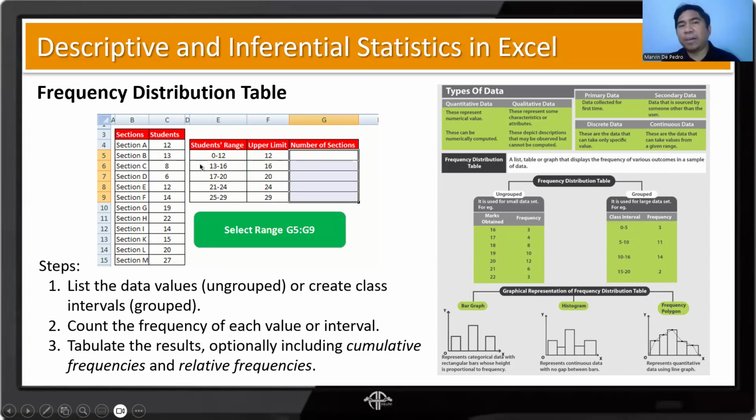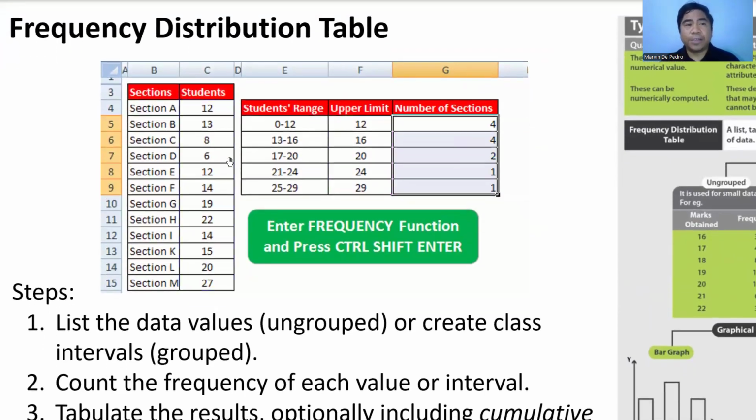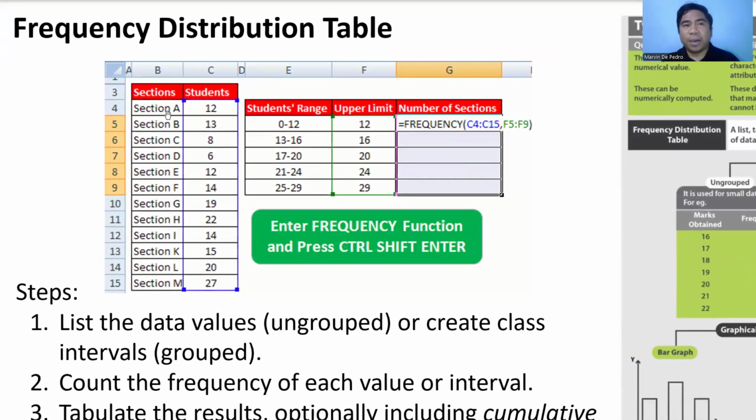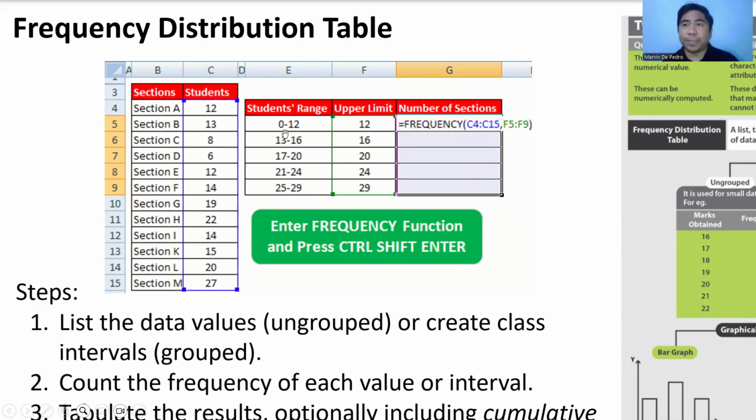Let's zoom in. Here in this specific case, we are trying to count how many of these sections, from A to M, have a range of 0 to 12 students.